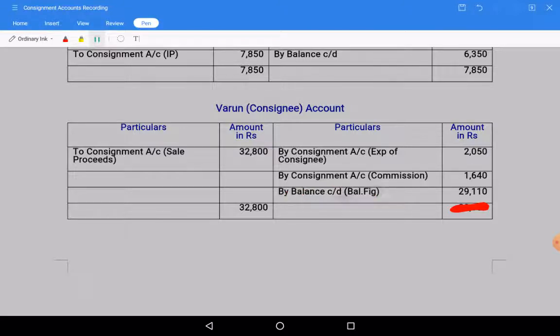That is the balance carried down, because in this problem they didn't say consignee has settled his account or sent the remaining amount or remitted or he sent a draft or bills receivable. So we will take it as balance due 29,110. Hope you have understood the answer.